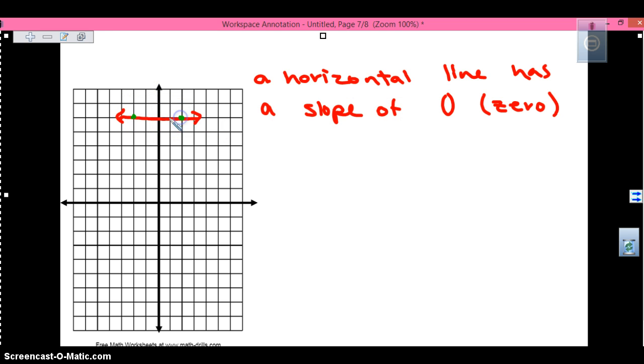A horizontal line has a slope of 0, so let's see why. If we take two ordered pairs, and we can take any two ordered pairs on the line, we could say that this is -2, 6, and this is 2, 6. So we know that slope is equal to y sub 2 minus y sub 1 over x sub 2 minus x sub 1.